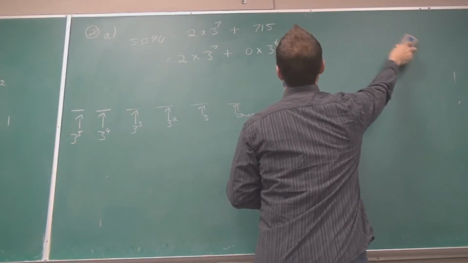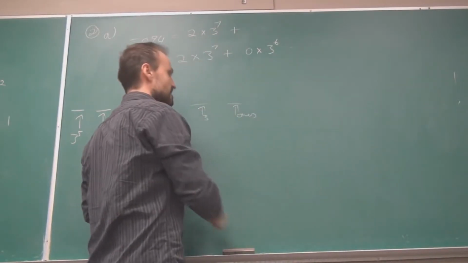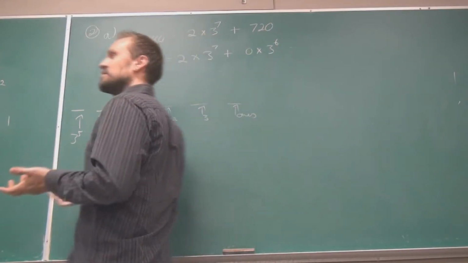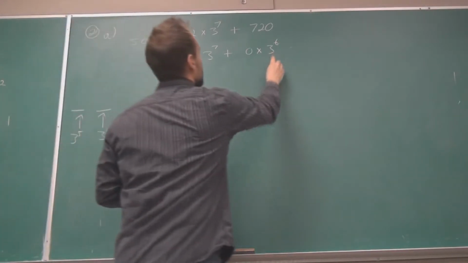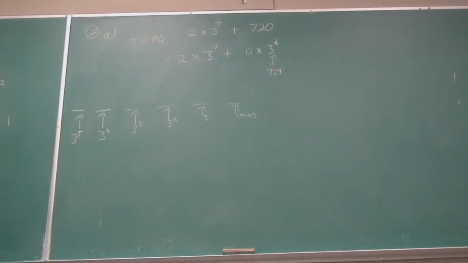So this is all nonsense. So what is that number? 720. Where on earth did I get 715? Who knows? 3 to the 6, you said is 729. Okay, so the 0 is still good.